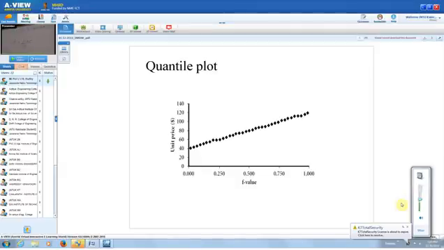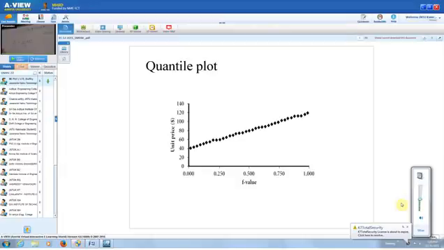For our convenience, I have put them in ascending order straight away. You have 10 numbers. So your n is equal to 10. So Fi is (i minus 0.5) by n. This is it. So now, what is the first one? This is 1, right? 1 minus 0.5 by 10.